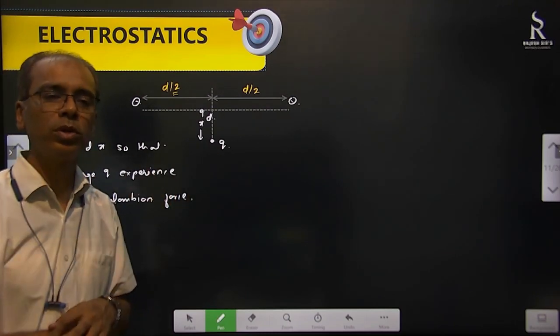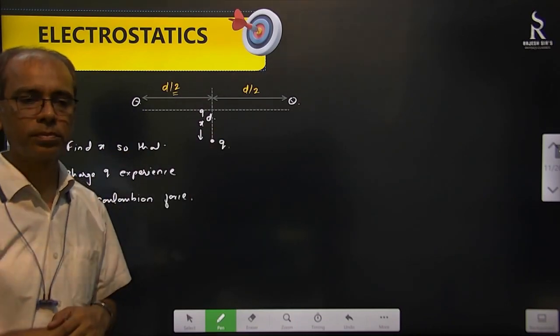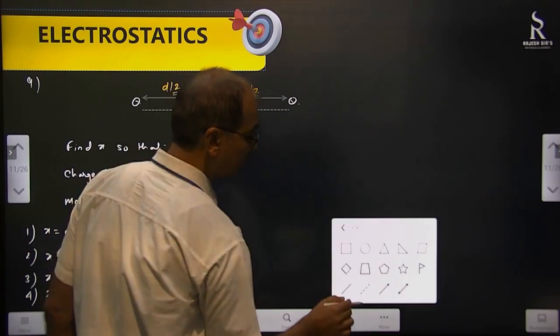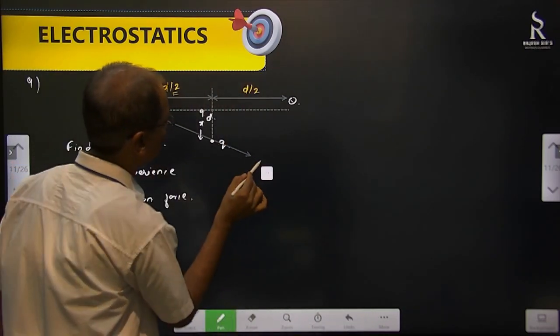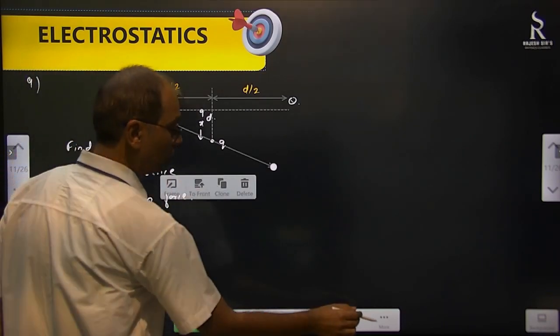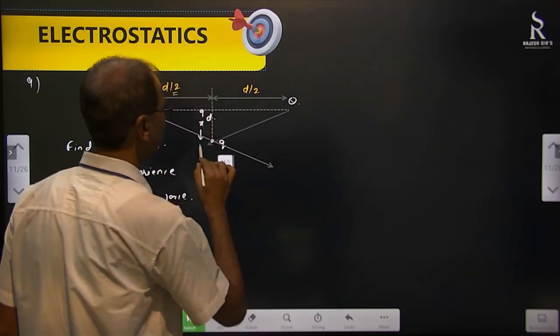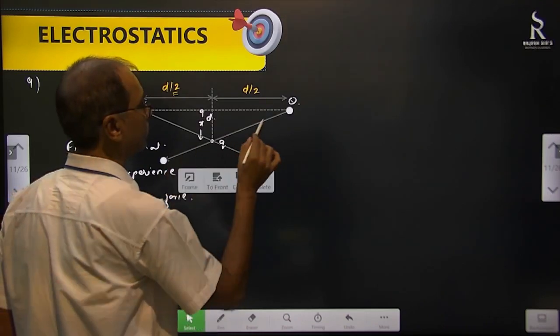Charge small q is going to experience force because of this Q as well as that Q. So join them first. Because of this Q, how will be the force? In this way. And because of the other Q, how will be the force? The other way. Very simple. It will be like this.